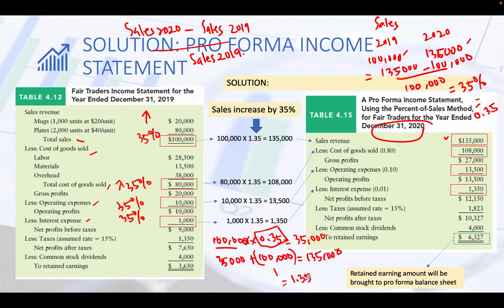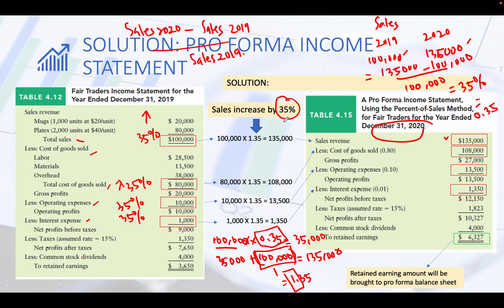Why, madam? Darab dengan 1.35. 0.35 is the increment, 35. 1 yang dekat depan ni adalah merujuk kepada nilai asal sesuatu perkara tersebut. Jadi 1 tu merujuk kepada nilai apa yang kita nak darabkan tu. Kalau 100, 1 tu merujuk kepada 100 lah. Kalau 80,000, 1 tu merujuk kepada 80,000 lah.